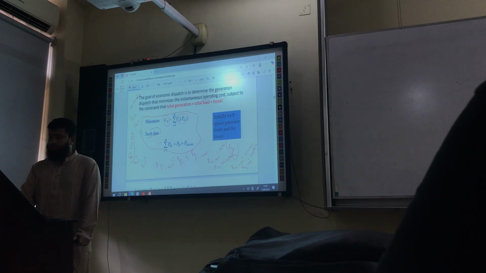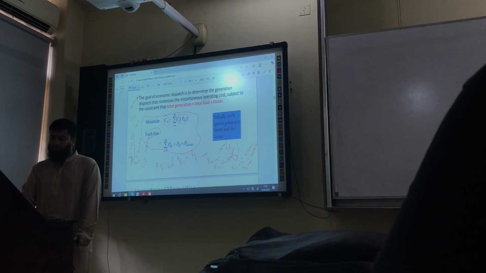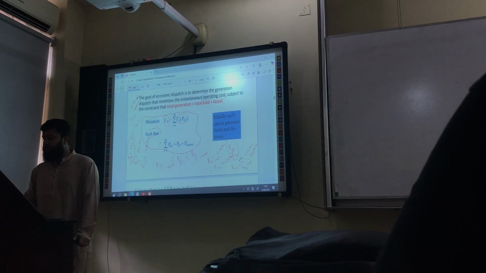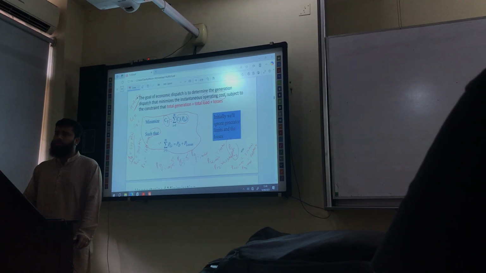Obviously, by looking into these values, you can say we can take 300 from here and 100 from here, which will fulfill the load demand, and these two values are within the limits. But maybe this solution will give you a higher cost. Maybe there is still some solution set which will give you a lower cost while staying under these limits. So that's why you need to solve the optimization problem.